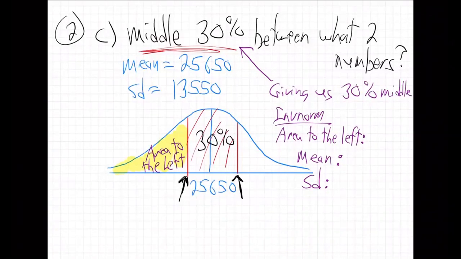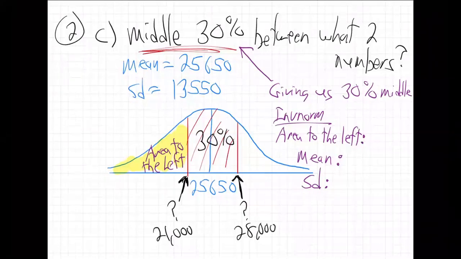So the average student comes out with $25,650 of student loans. That's a lot to pay back. That's the average student loan. But not everybody's exactly average. They're saying, how about the middle 30% of all college graduates? What are the two numbers that mark out the middle 30% of college students and their student loans? From where to where? I'm going to guess, maybe 21,000 to 28,000.